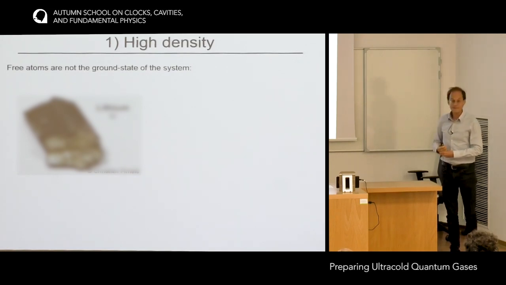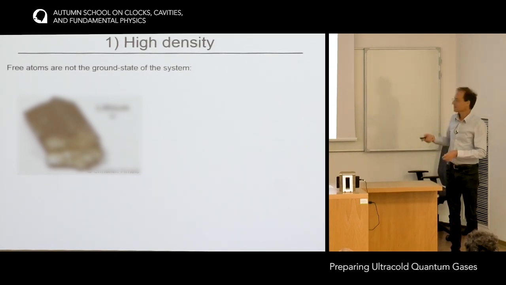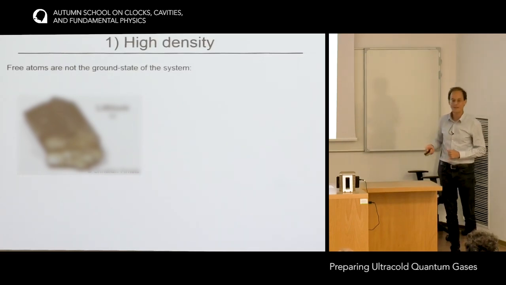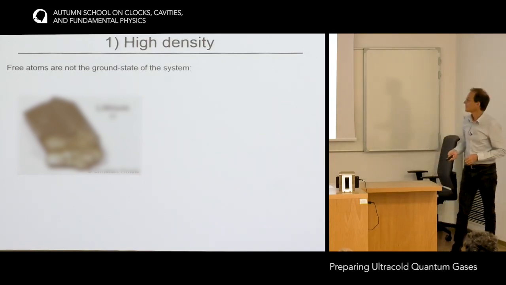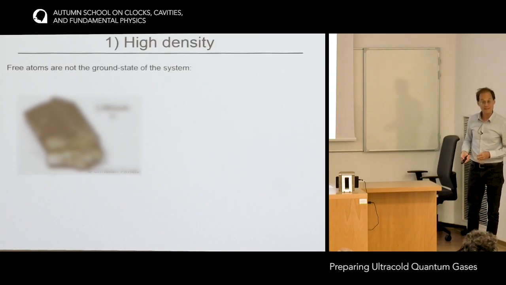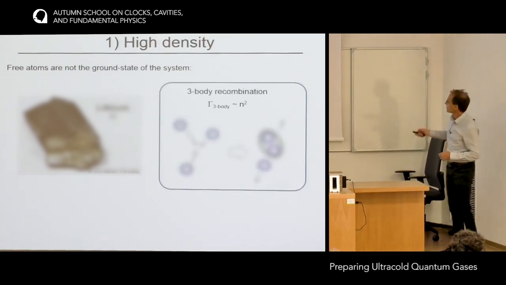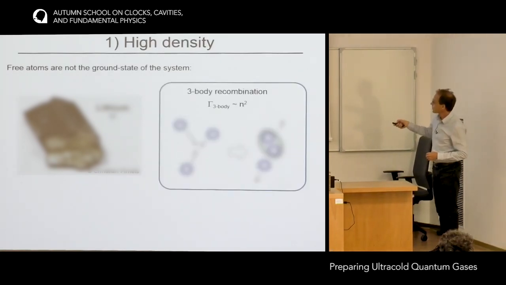Now, the real ground state of lithium is not a gas at ambient temperatures. It's really a chunk of metal. And if you just squish a gas of lithium atoms, rather than Bose condensing, you get chemistry. Three-body recombination. Three atoms collide with each other.